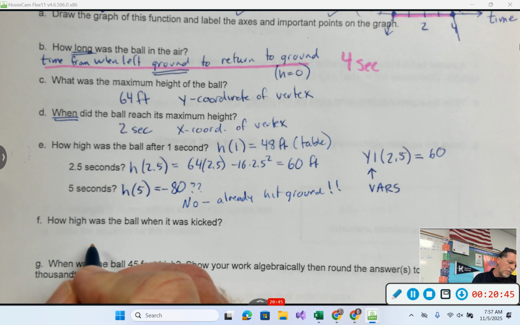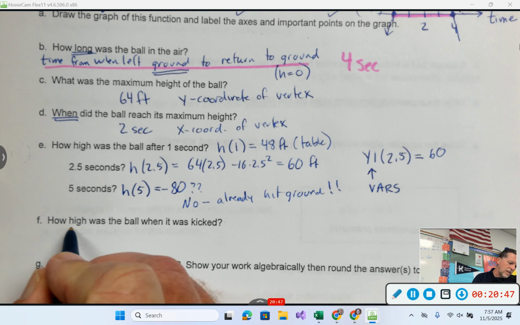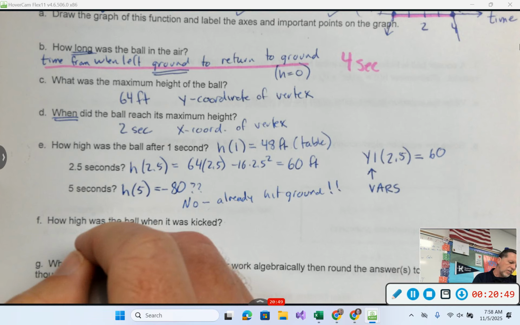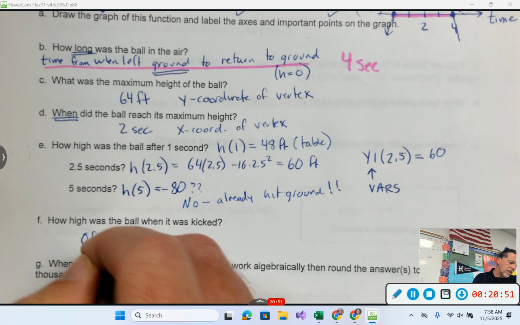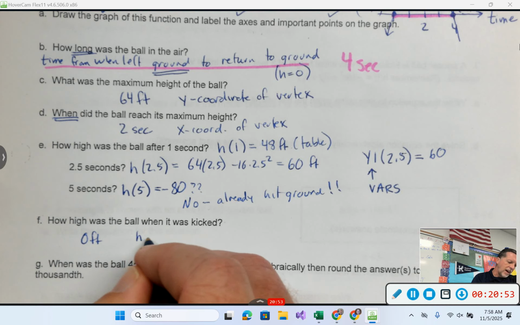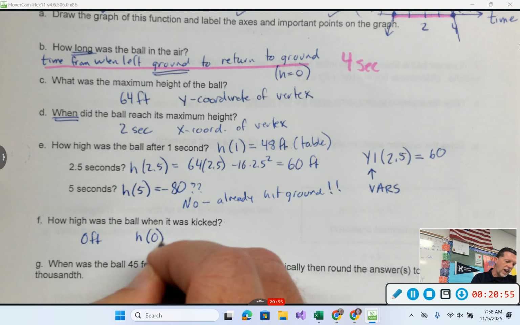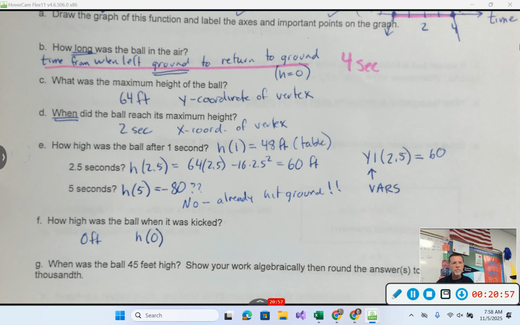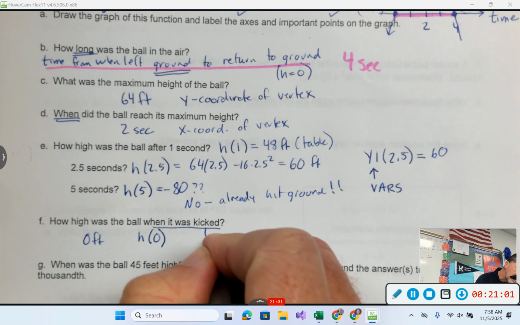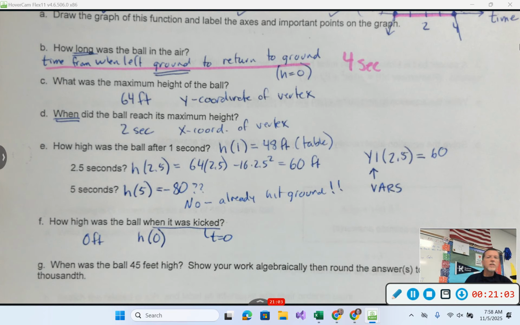How high was the ball when it was kicked? Where'd you get 0 feet from? I'll say it's the height. Actually, you could just say h of 0, the height when we started. The height when it was kicked is time equals 0. So h of 0 is 0. Either plug it in or look at the graph or look at the table.